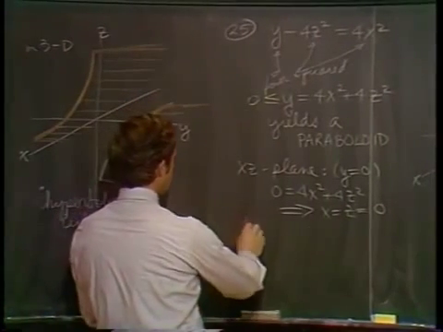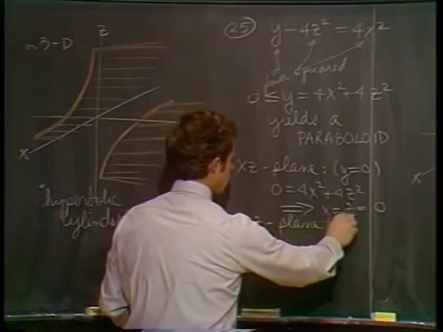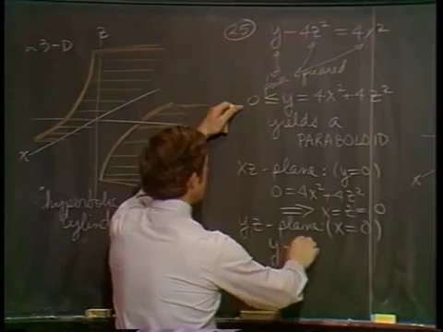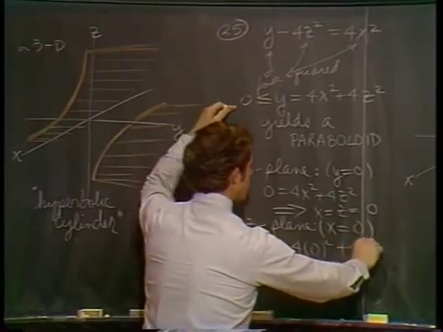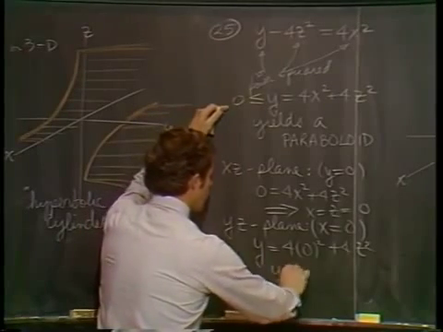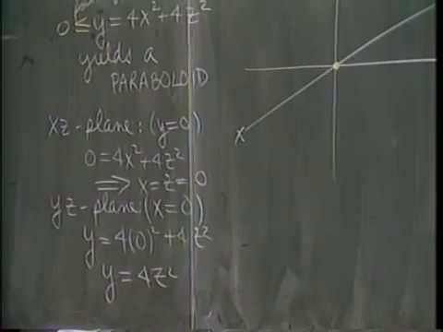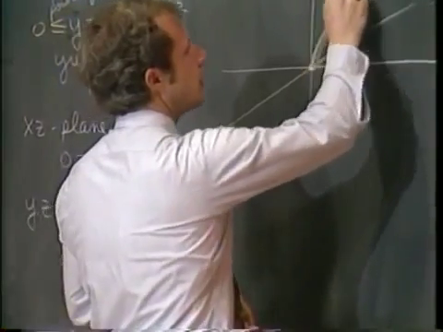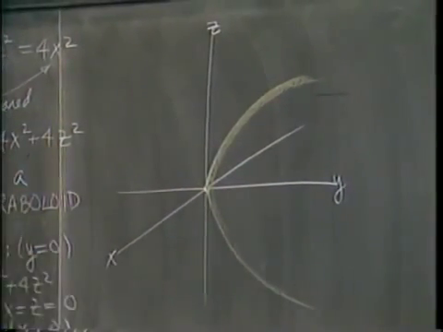How about in the yz plane? This is when x equals 0. The trace you get there is y equals 4 times 0 squared plus 4z squared. There's your parabola, y equals 4z squared in the yz plane. So you come over here and sketch a parabola. It opens up this way in that yz plane.